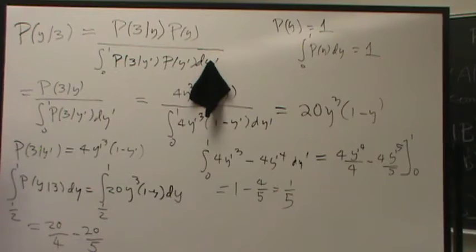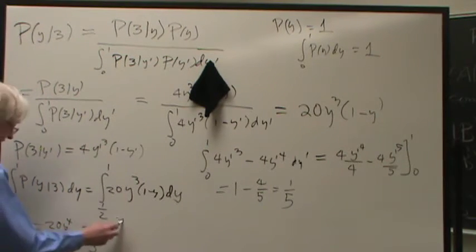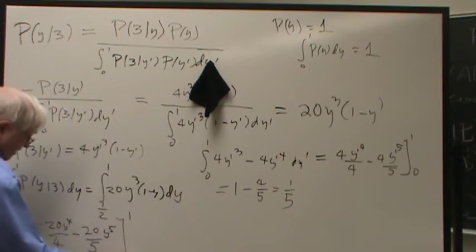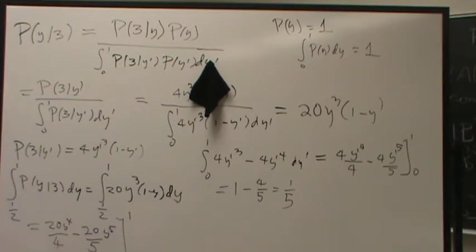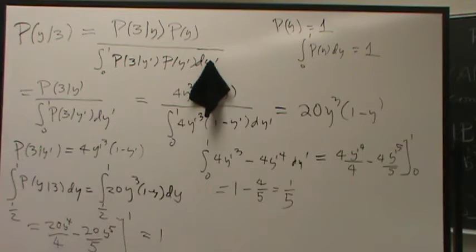So it is really 20 over 4 y to the 4th minus 20 y to the 5th over 5, evaluated between 1 and 1/2, not between 0 and 1. So evaluating it at 1, we get 1. And now we subtract the value of this at 1/2.